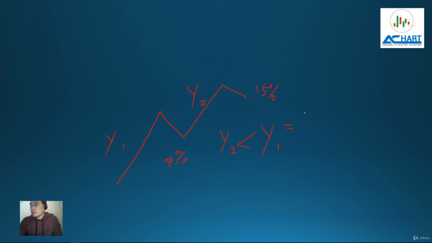But in terms of power, because the second loop retraces less than the first loop, we conclude that this line has power.